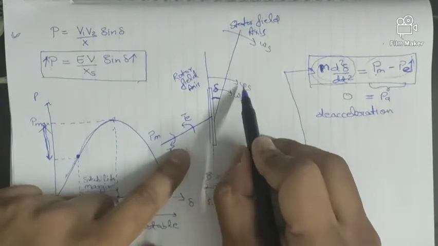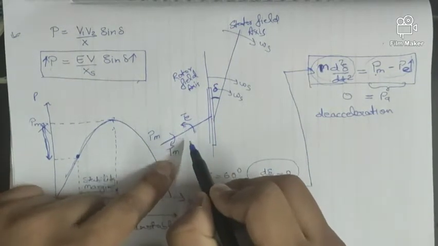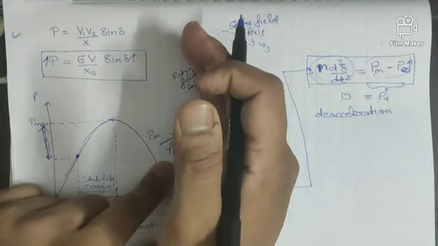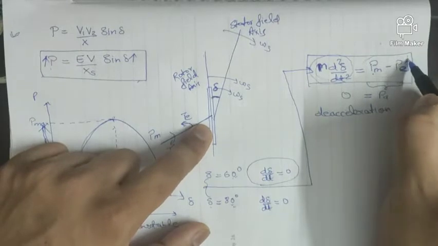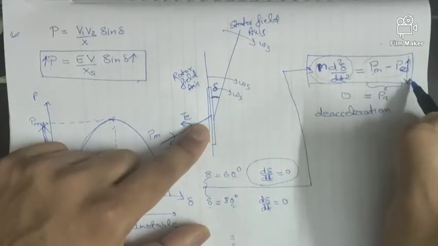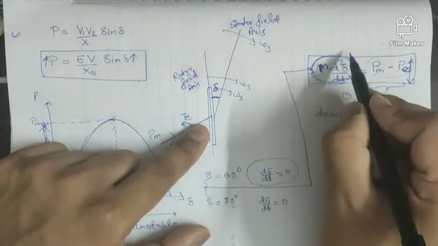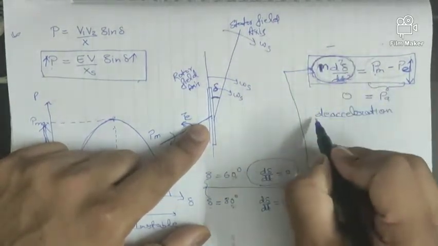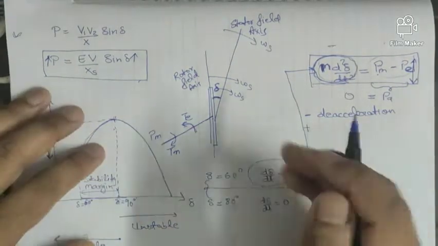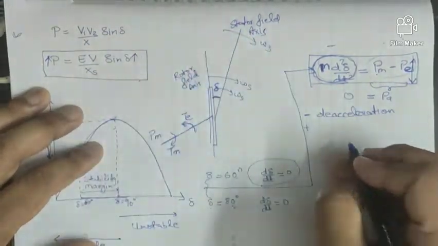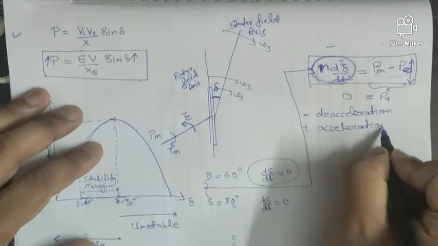From here also we can see, as the electrical power output increases, this electrical opposing torque will also increase, which will decelerate the rotor. If the electrical power output reduces, then this accelerating power will become positive, which will make the rotor accelerate. So acceleration will take place when there is a reduction in load.